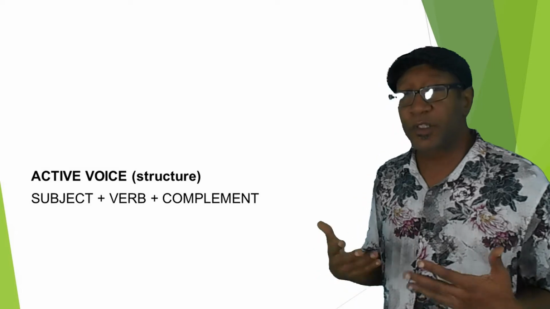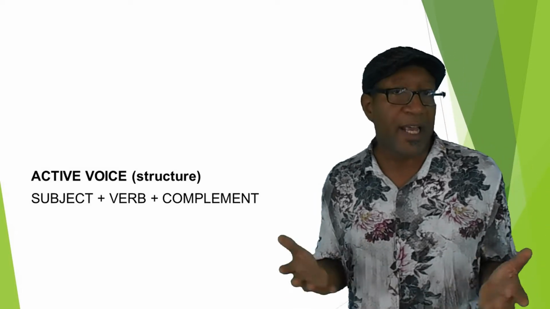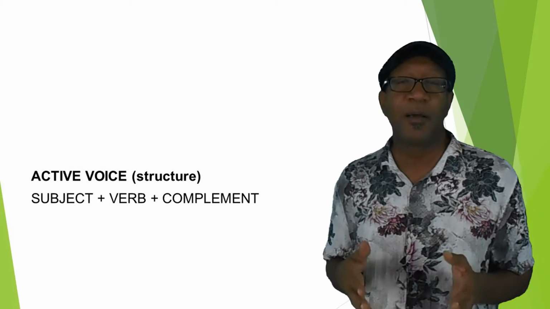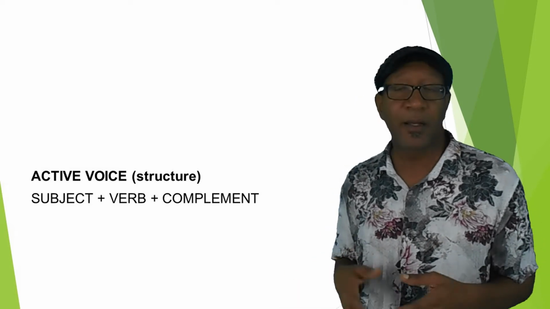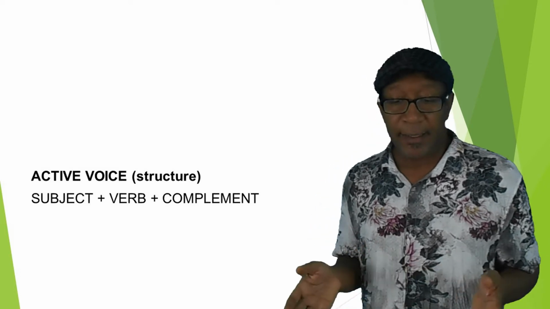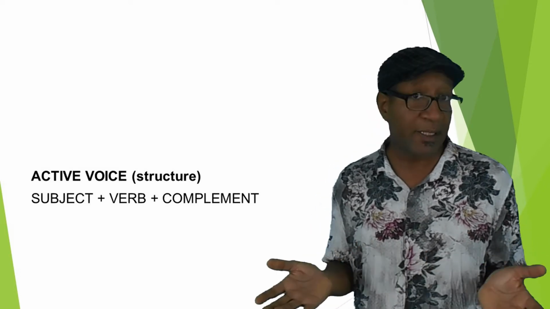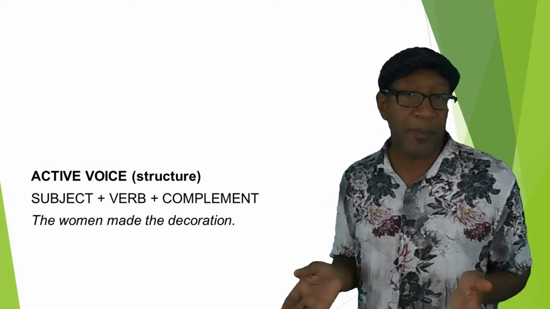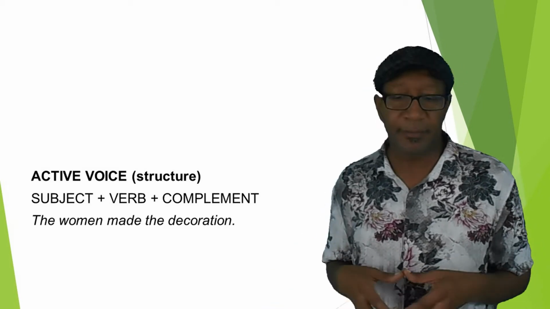Talking about the structure of the active voice, you have the subject plus the verb plus the complement. And here we have some sentences we can use. For example, the women made the decoration.